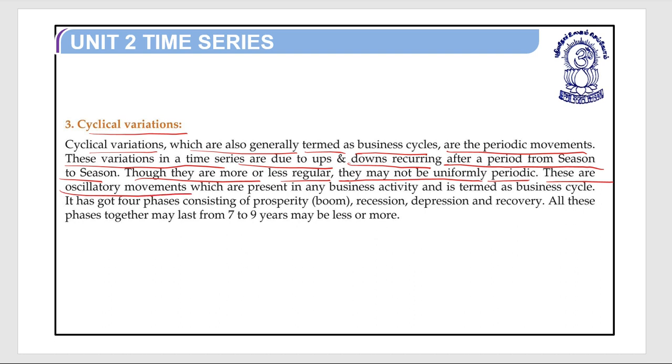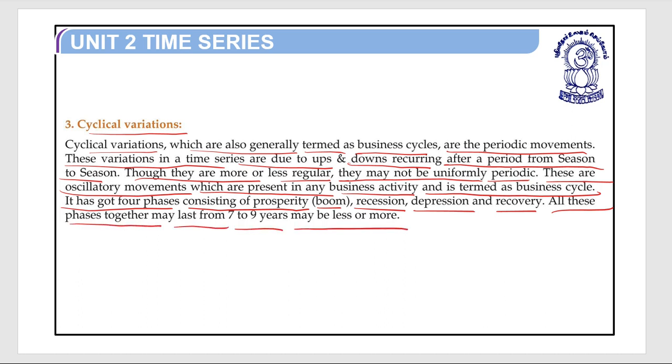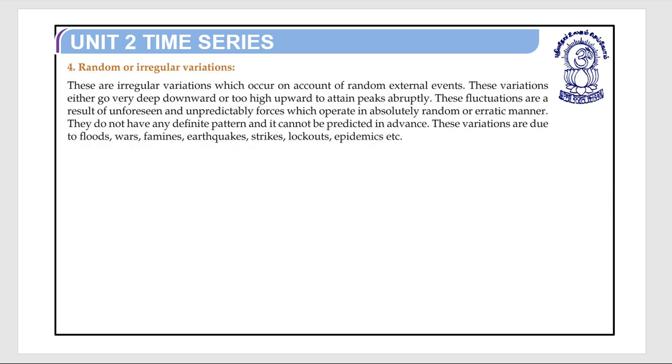These are oscillatory movements which are present in any business activity and are termed as the business cycle. It has four phases consisting of prosperity or boom, recession, depression and recovery. All these phases together may last from 7 to 9 years, maybe less or more.